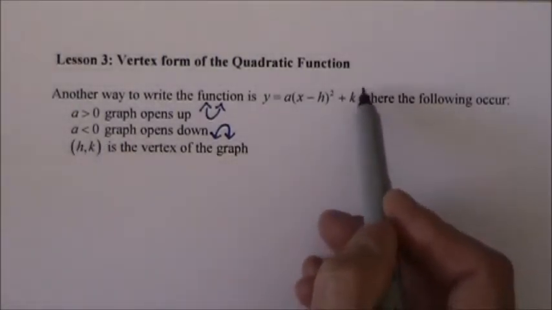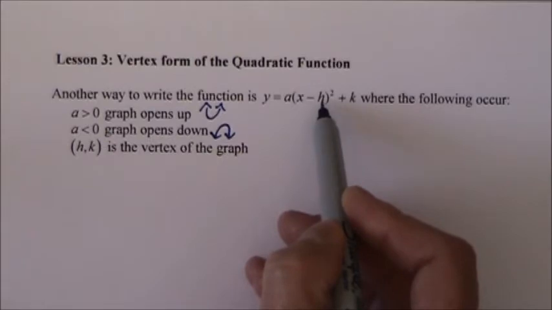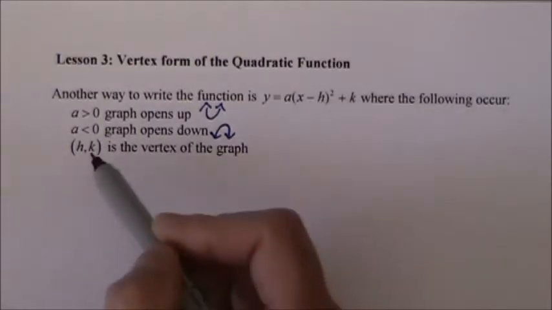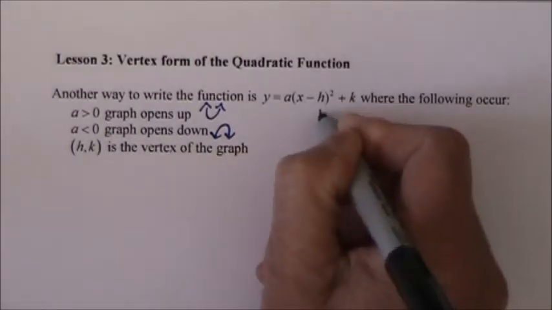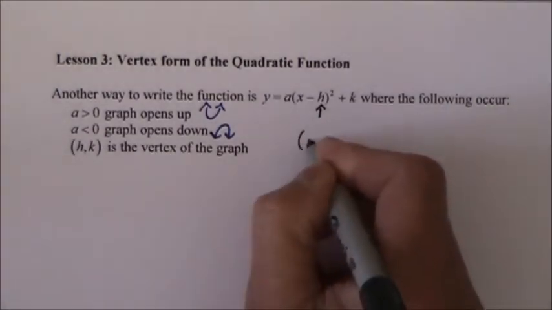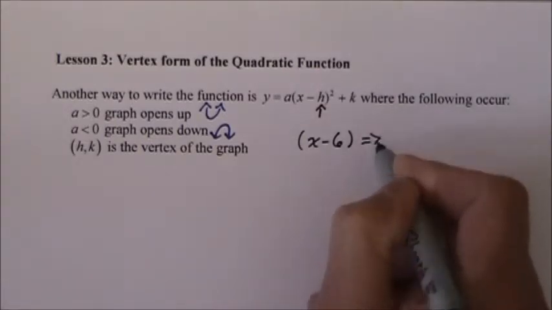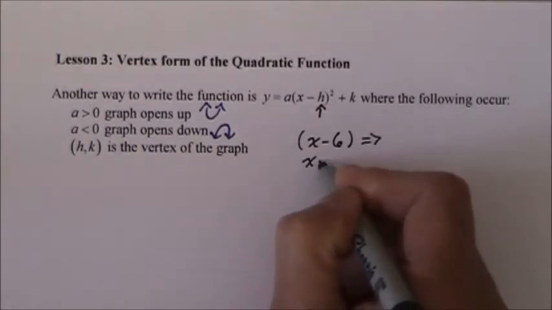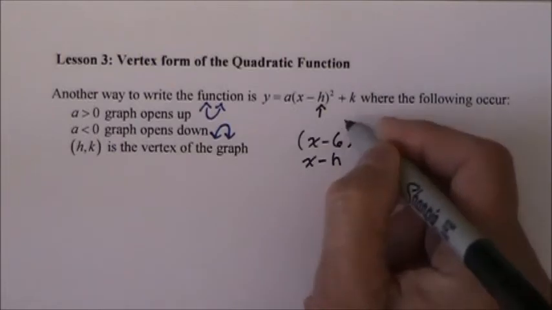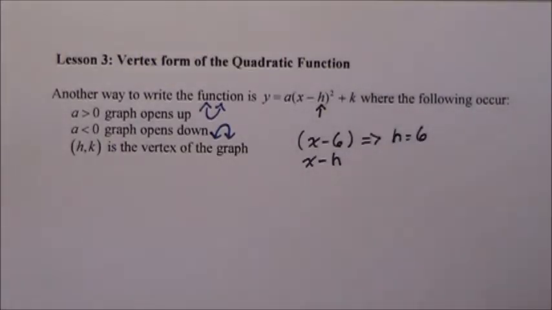K is exactly as you see it, but if you look in the equation, we have x minus h. This is just asking for that h piece. So for example, if in the brackets I have x minus 6, this would have been x minus h, so then h is equal to 6.